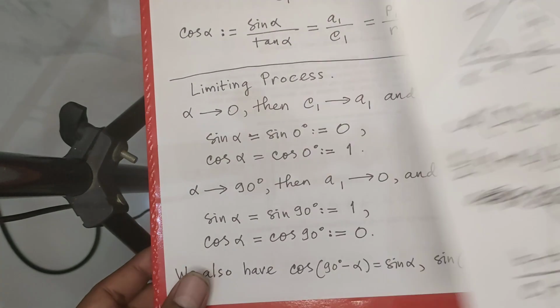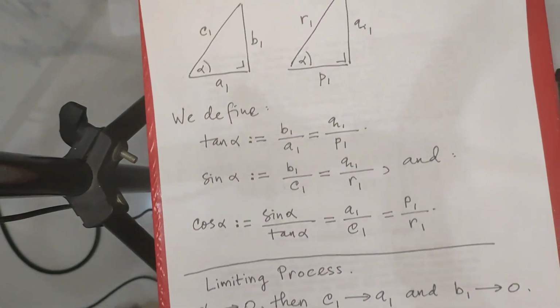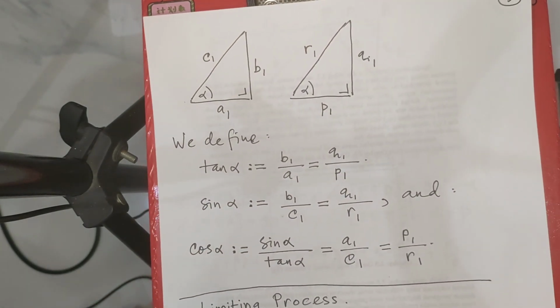After this, we come to the following definitions. We conclude after the simple calculation from the previous one, we can define tangent alpha of a triangle and sine alpha of a triangle.